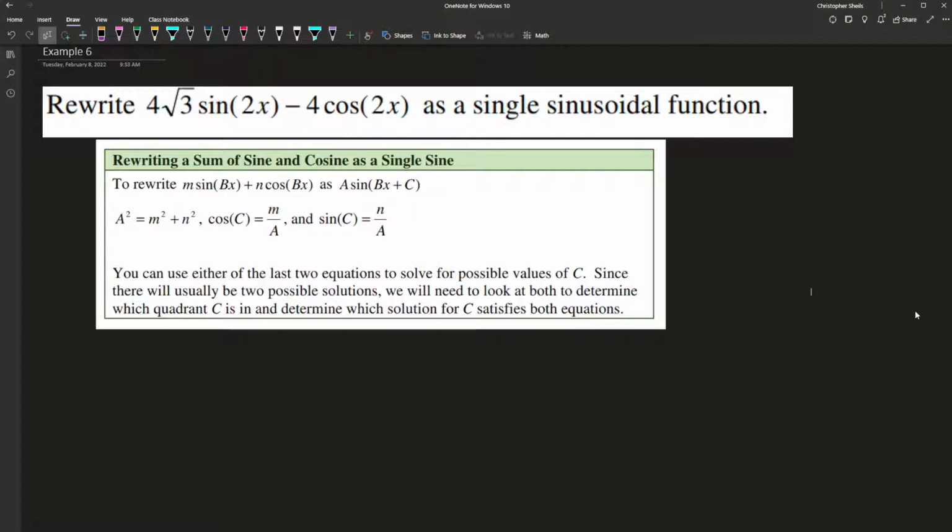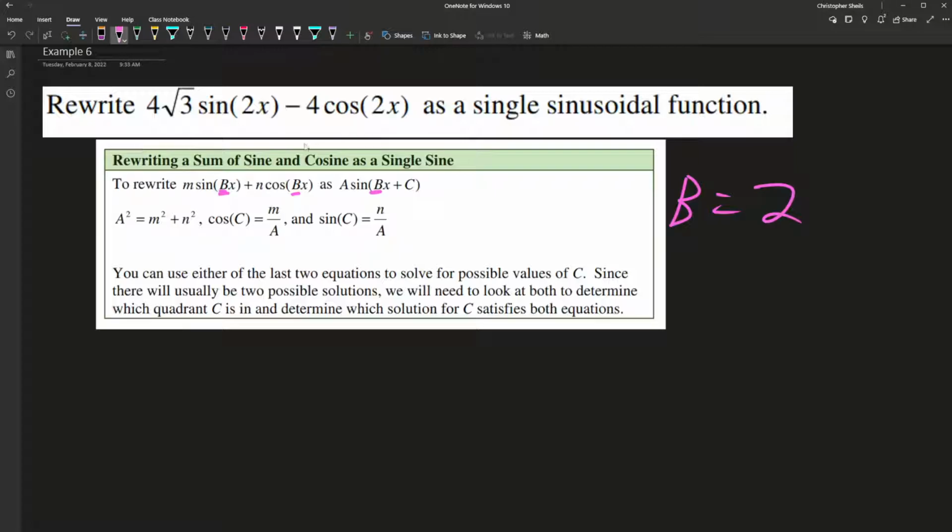So this is important. I have to make sure that the horizontal stretch or compression of these functions is the same, so that they'll have the same period. And in fact, that's true, right? I have a 2 inside of both of these functions. It's important to notice that in this equation, I have a b inside of both of these. And in fact, that's the same b that I'll have inside of my final function. So this means I already know that b is going to be 2.